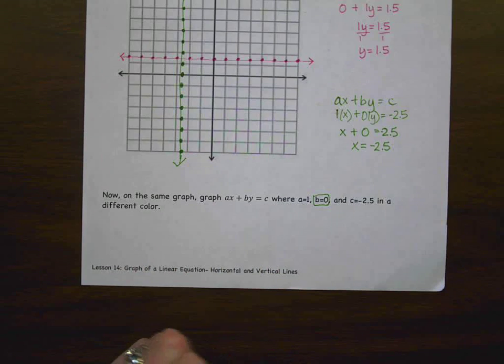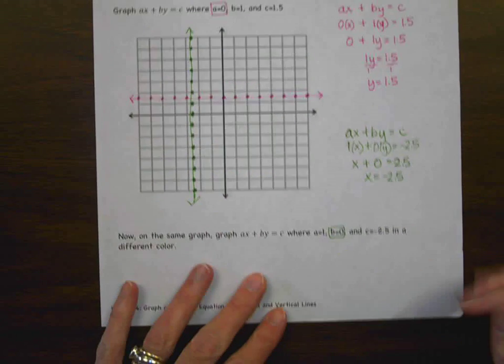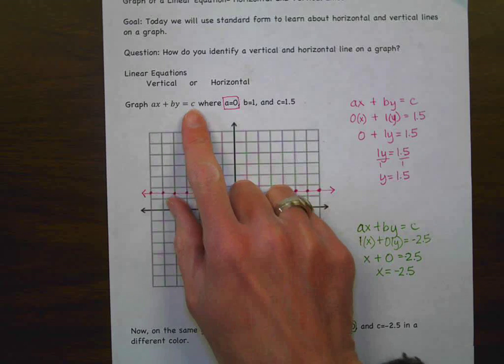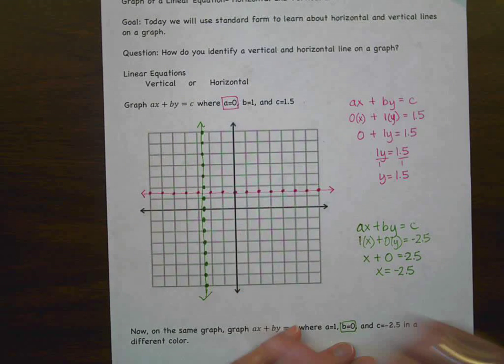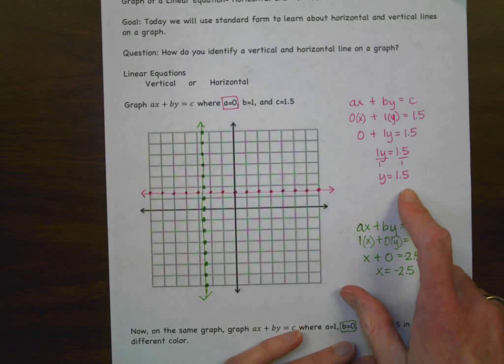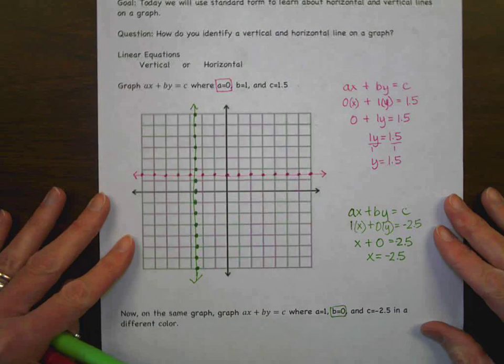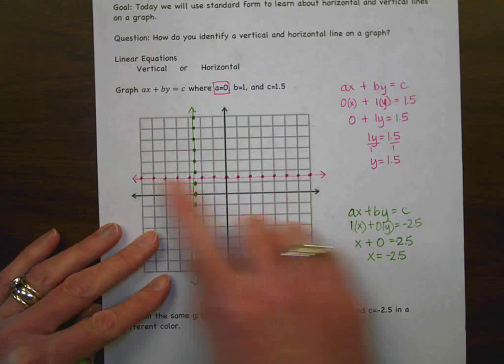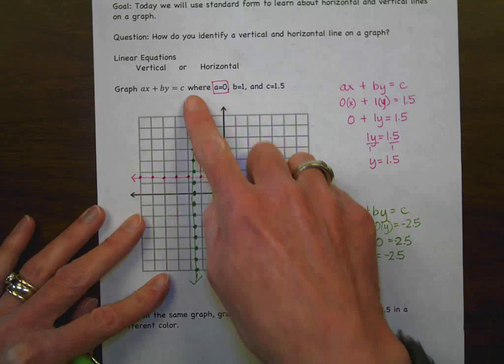By doing that, it makes the term that is not being multiplied by 0 exactly equal to c. And so that's how you would build two lines that show only a horizontal slope or a vertical slope.